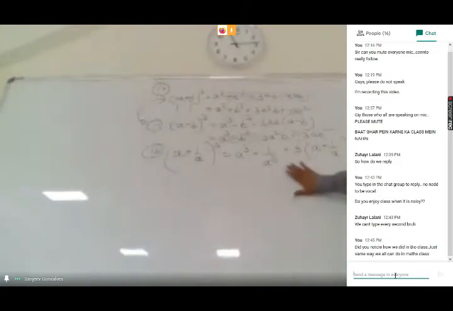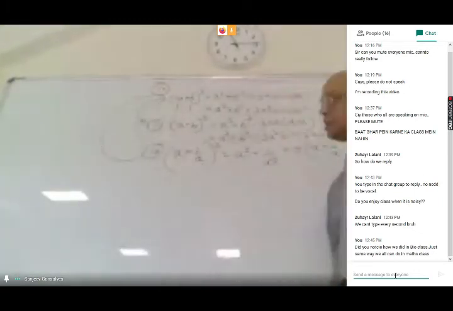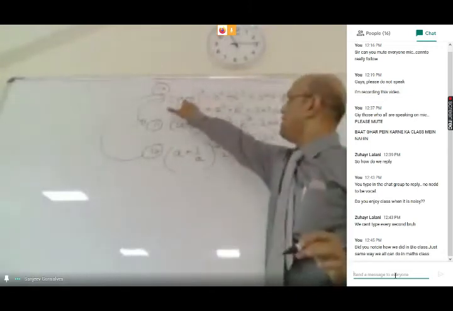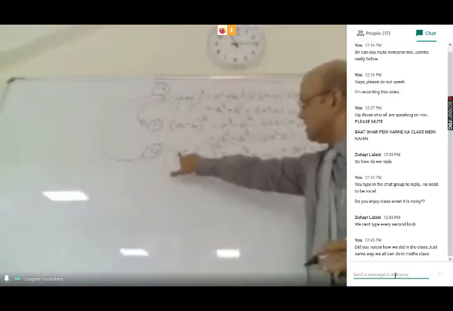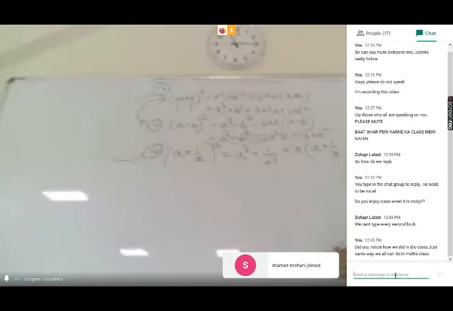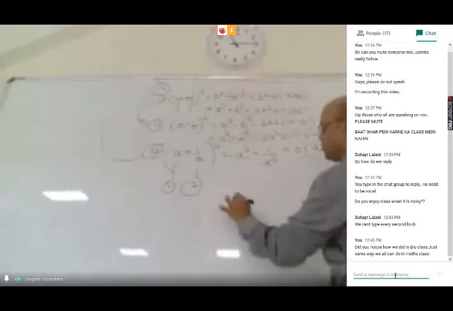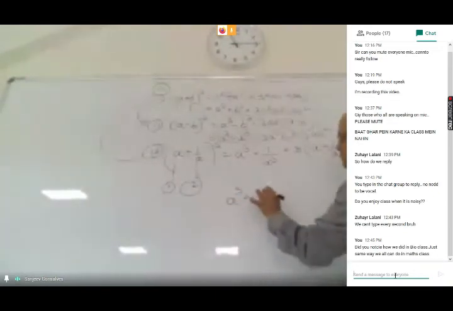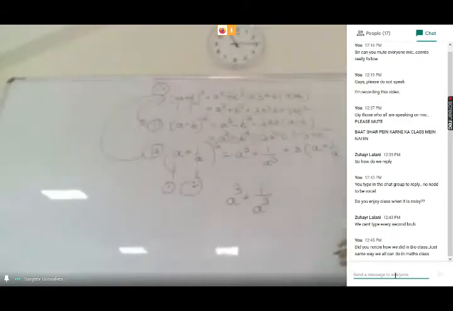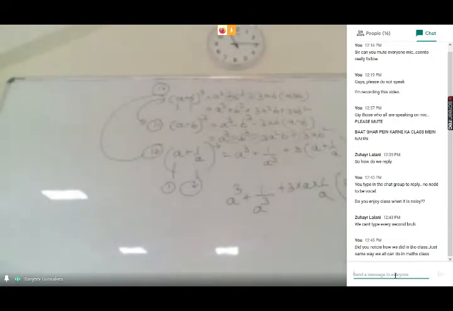May I explain this formula to you? Yes, sir. This is exactly like 10. The only difference is that there are two different terms over here. This is the term A, and this is the reciprocal of it. So first term cube, that is a cube, plus second term cube, that is 1 upon a cube. 3 multiplied by first term multiplied by second term, a times 1 upon a, and then first term plus second term.